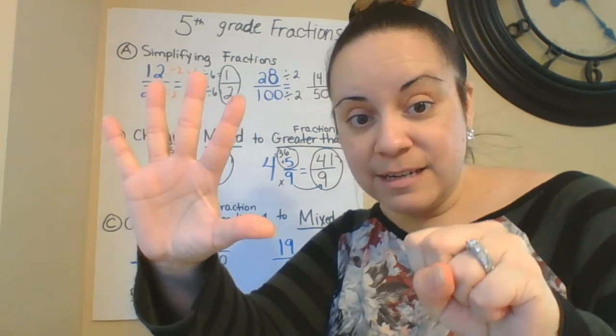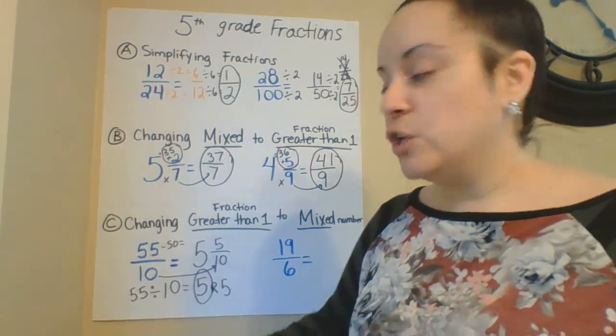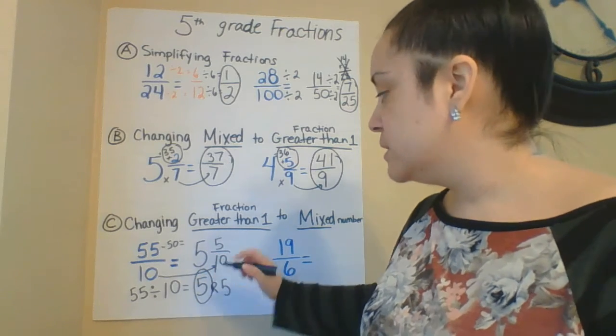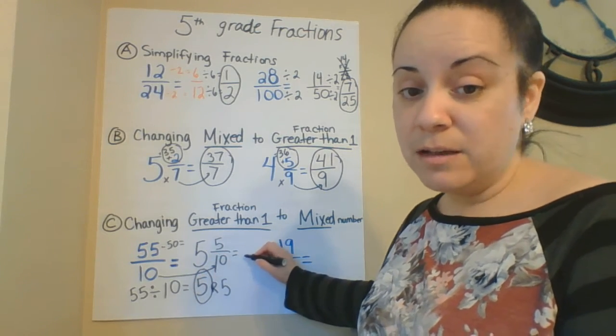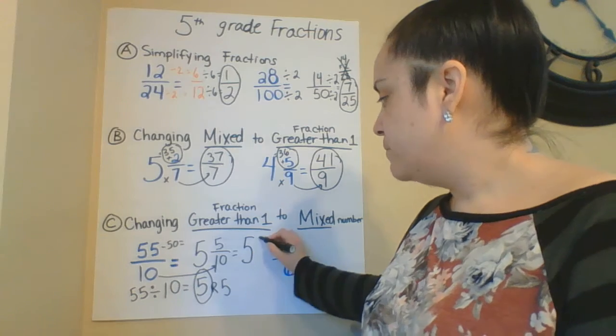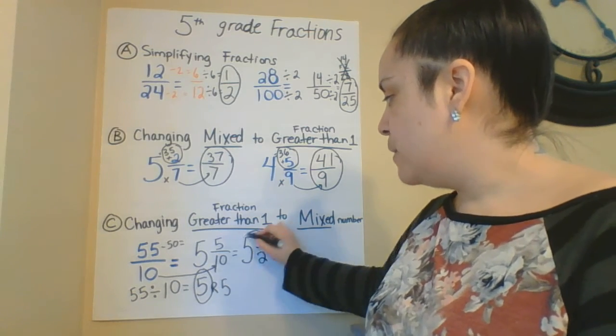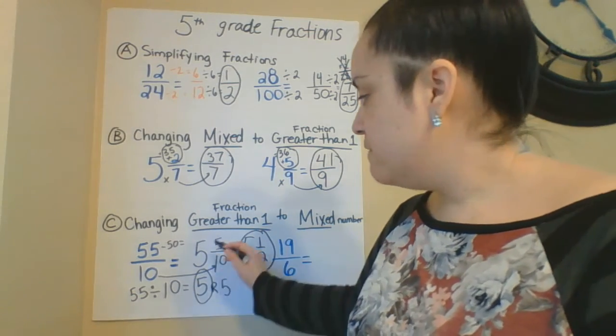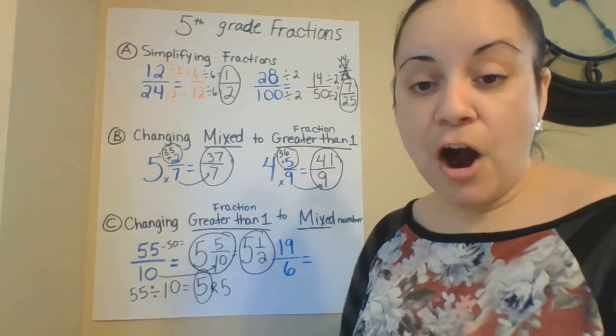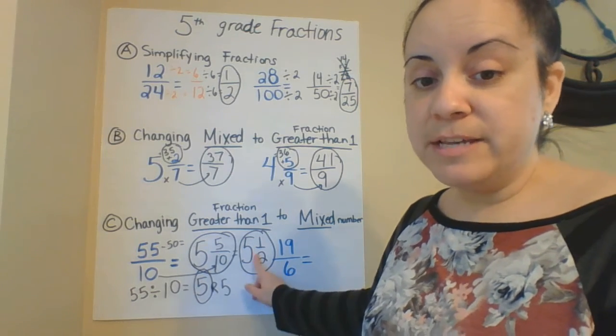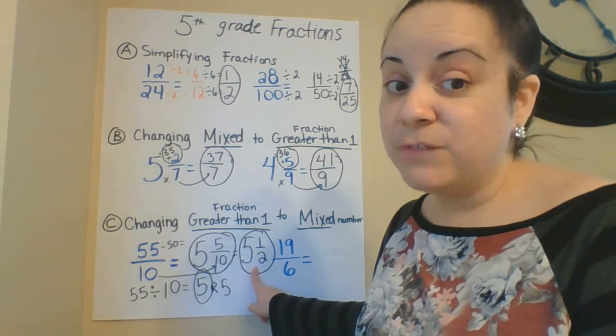Half of 10 is 5. So 5/10 equals 1/2. So this also equals 5 and 1/2. Both of these answers are correct, but this one is the simplest form.